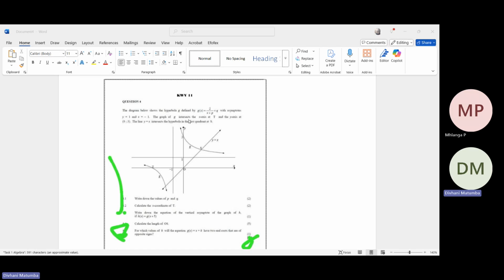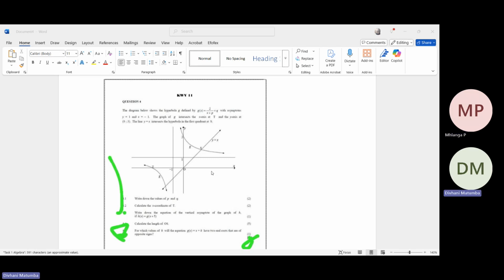The graph G intersects the x-axis at T and the y-axis at 0, 3. The line y equals x intersects the hyperbola in the first quadrant. Now write down the value of p and q.